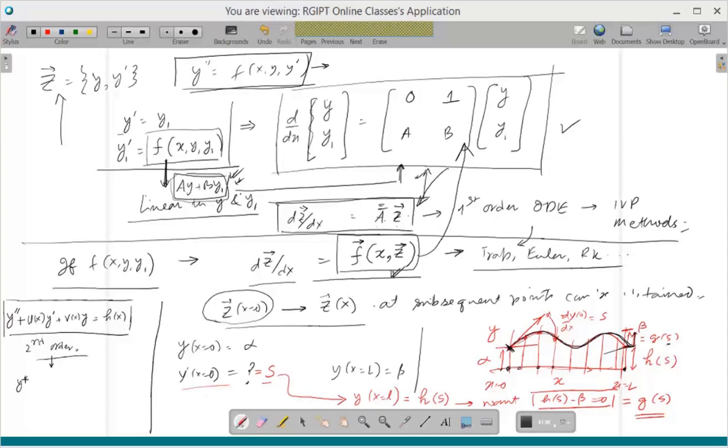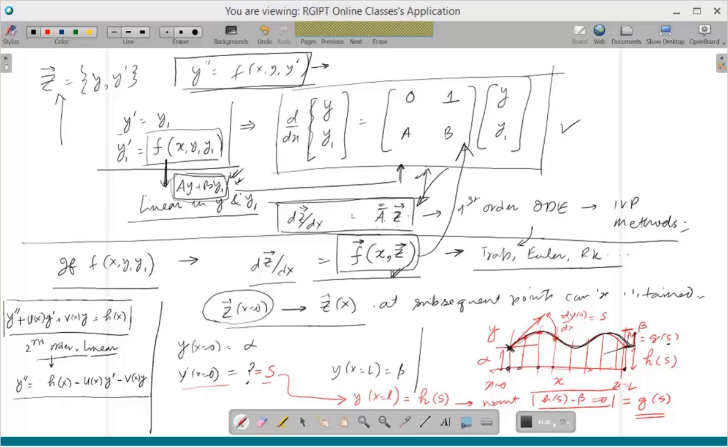Now I can write this as y double prime is equal to, this is still not linear. So I can write down h of x minus u of x y prime minus v of x y. So this is a linear equation, right? Please stop me if you are not able to follow anything, right then and there itself.